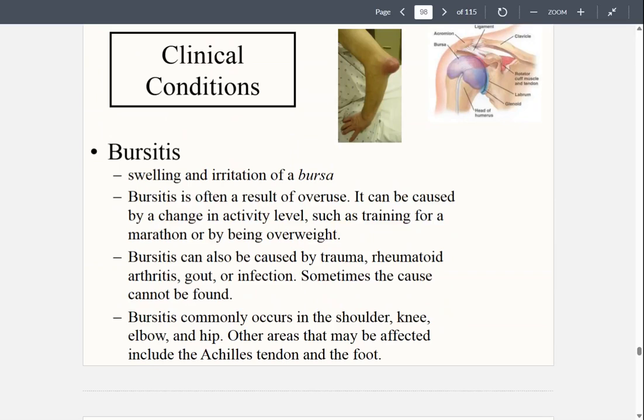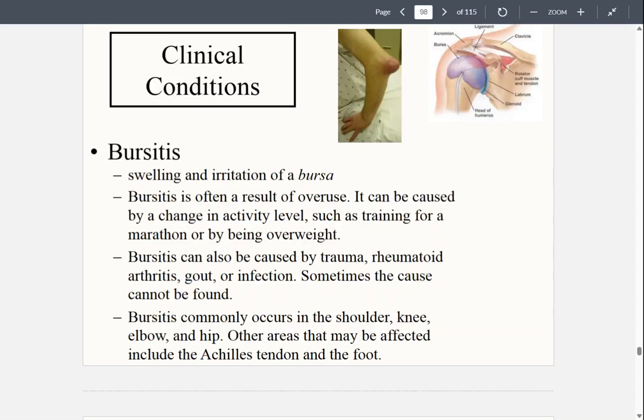However, we do also notice bursitis in overweight individuals, and they tend to classify that more as overuse. That being said, bursitis can also be a reactionary mechanism due to trauma, arthritis such as rheumatoid arthritis or gout, or just general infection. Sometimes, though, we don't know what's causing it.